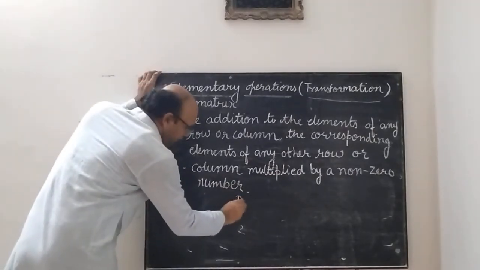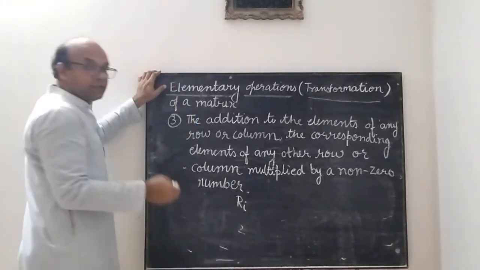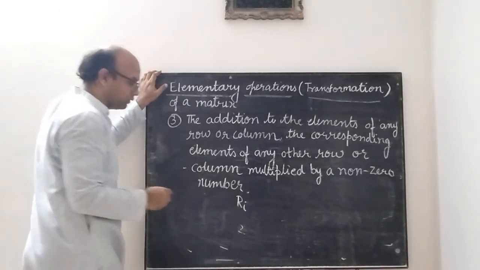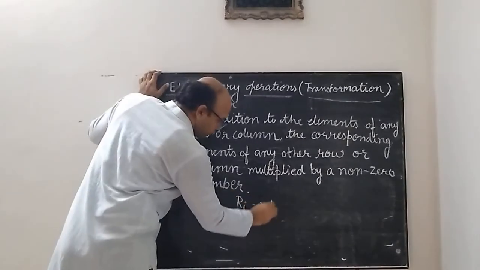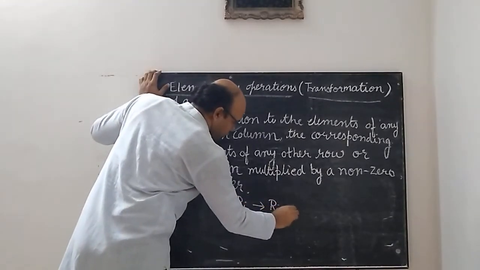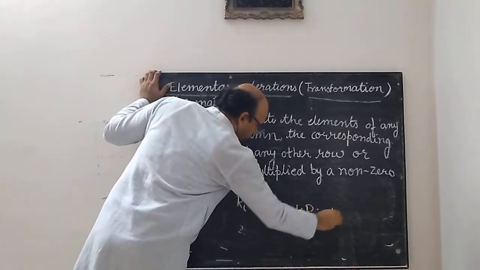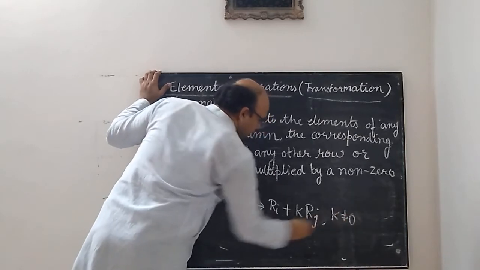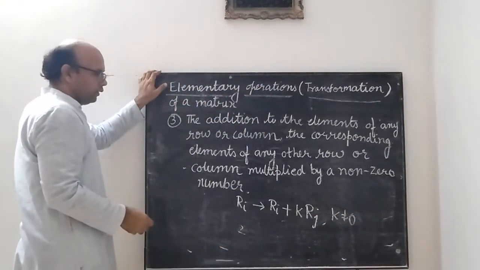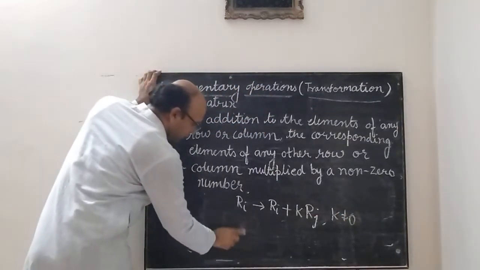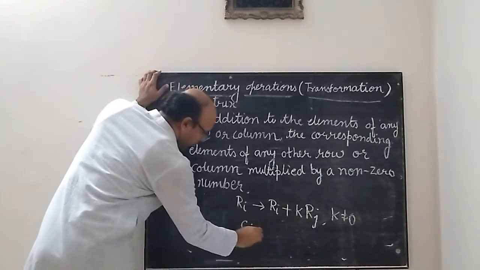Suppose we want to make a change in the ith row with the help of the elements of the jth row. So we write Ri is now changed to Ri plus k times of Rj. Obviously k is not equal to 0. Similarly, we do it for the column.